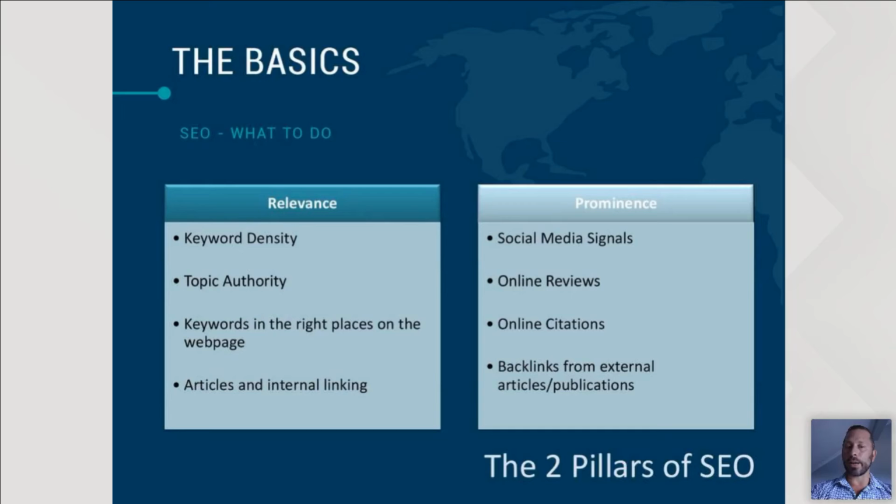Then create online citations. So citation is basically citing your business details in the context of your web address, your URL. So jump on directories, business directories, local directories, web directories, and create a listing for your business and link it back to your website as well, and cite your address details in there, because that will impact your Google Maps listings for your business.